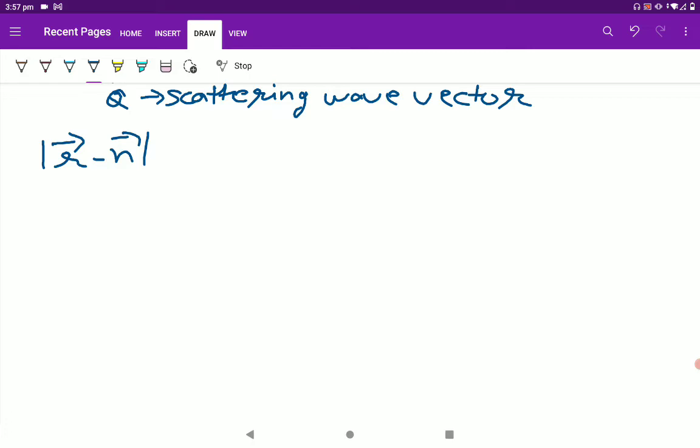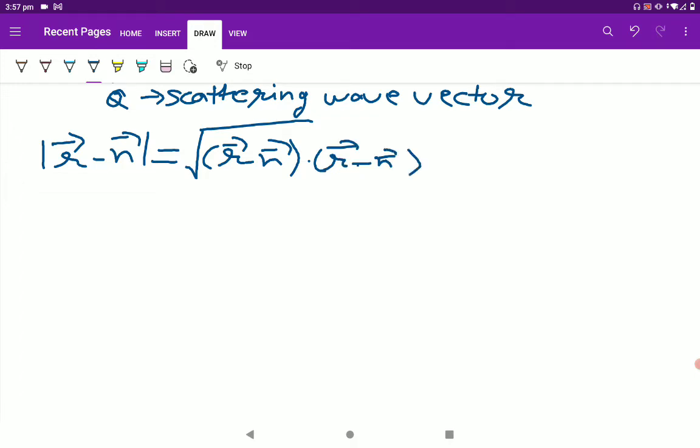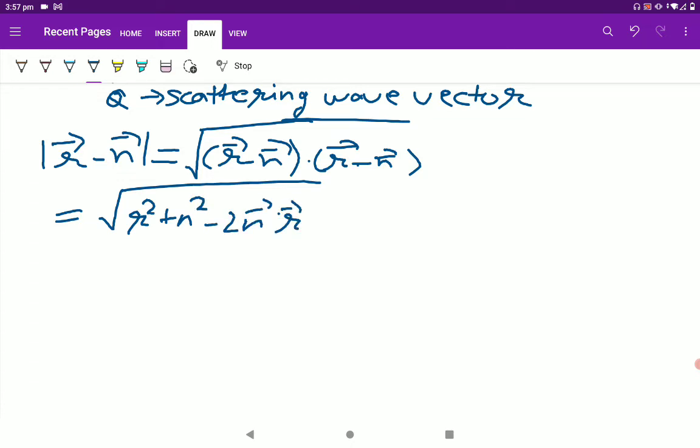By the far field approximation we can write this in this format. After solving we get something like this expression. Now take r common. So we get this expression.